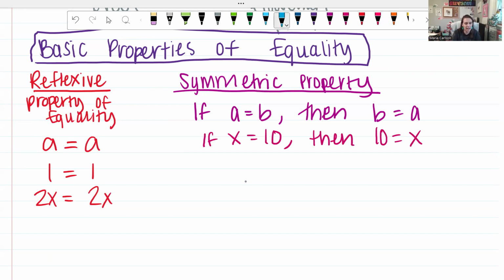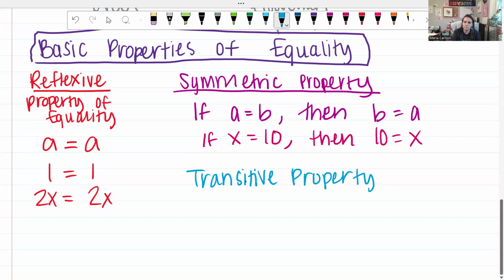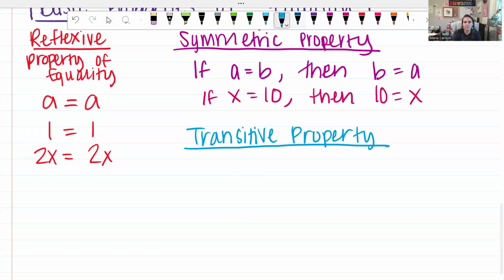And lastly, we have the transitive property of equality. And the transitive property is my personal favorite.